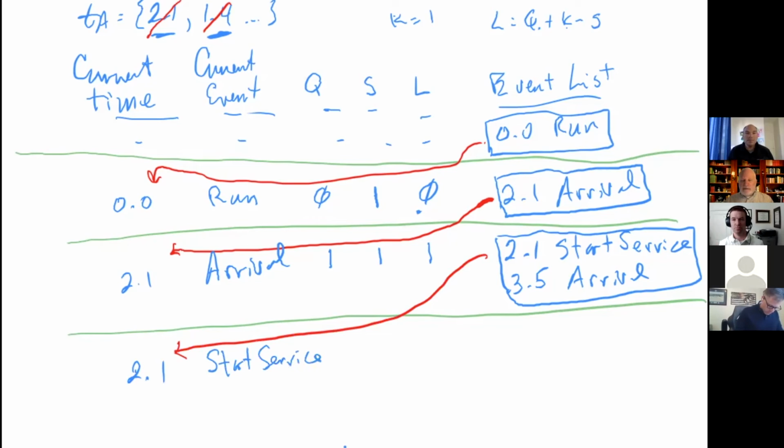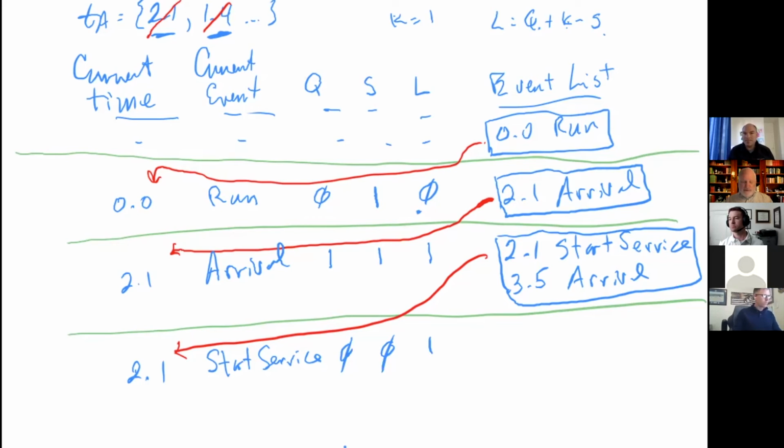And what's its state transition? Its state transition is to decrease Q by 1, so it goes to 0, and decrease S to 1, so it goes to 0. Now, what's the value of L? L is 0 plus 1 minus 0, so it's still 1. Now, what does start service do?